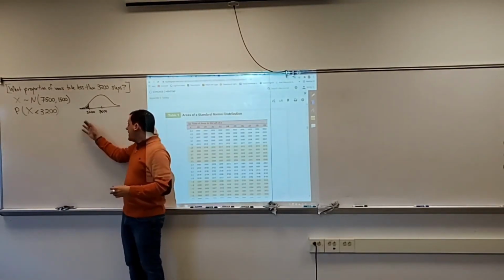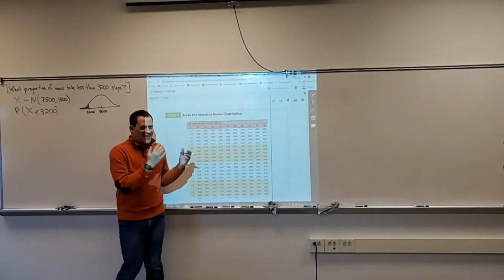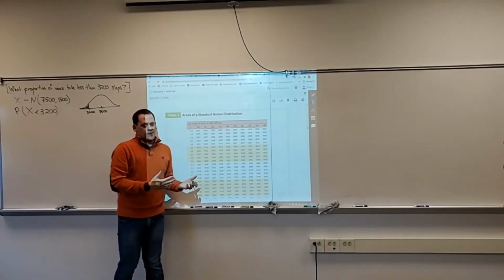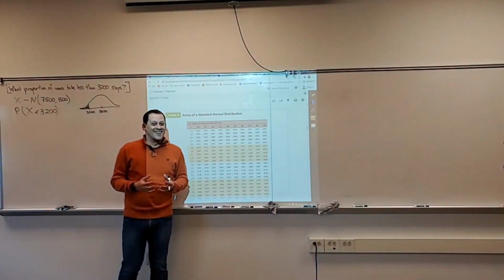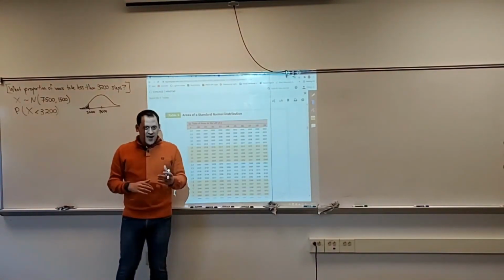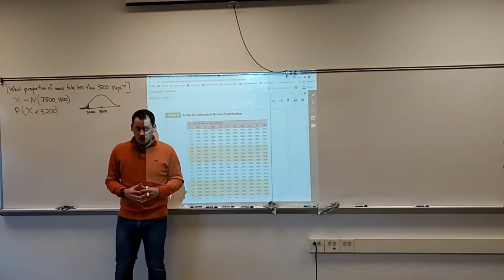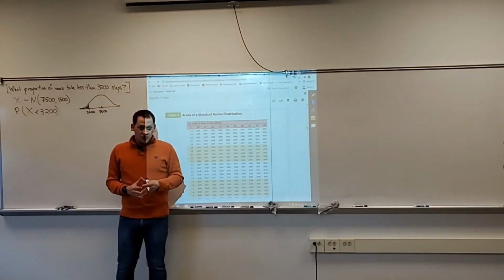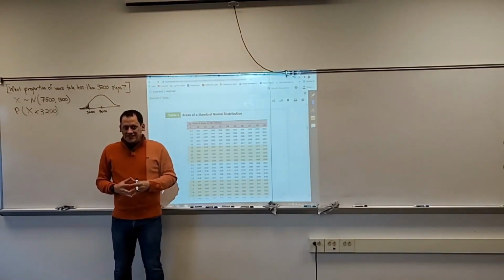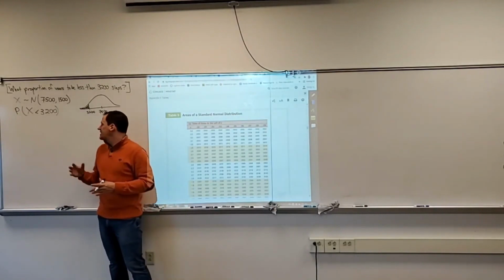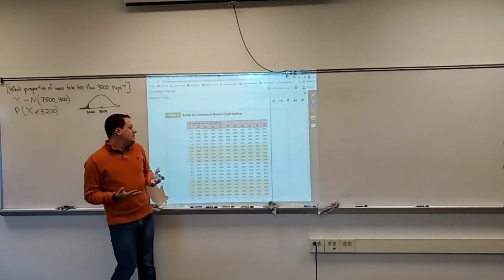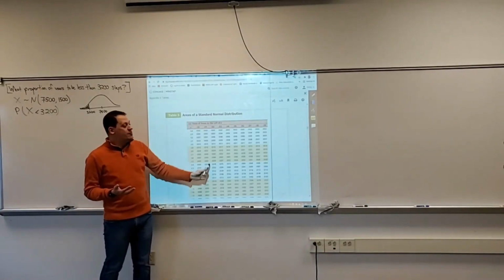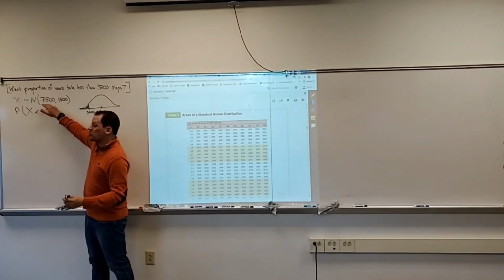We have the x value that we're interested in, but we need z to use the table. So I may have said earlier that standardizing, calculating the z-score, was optional. Turns out it's only optional if you use the calculator. If you're going to use the table, you need to standardize, right? Because there aren't going to be tables for every single normal distribution.